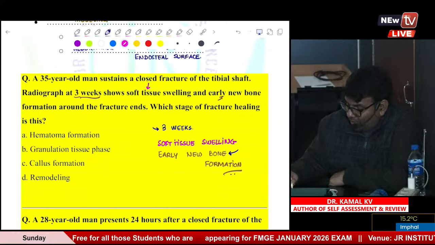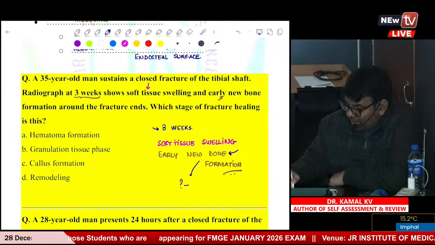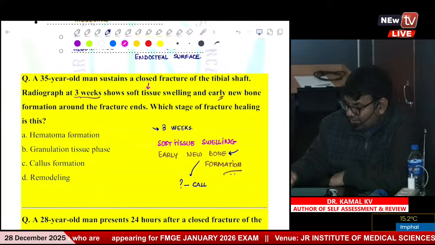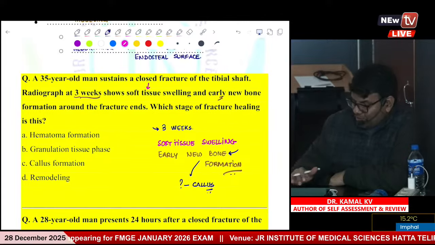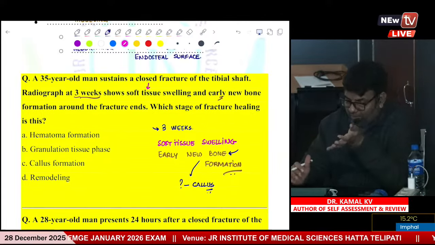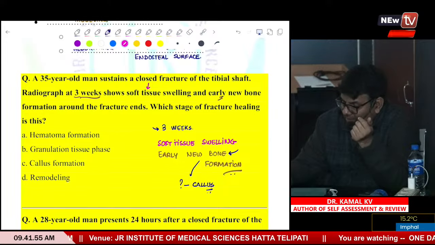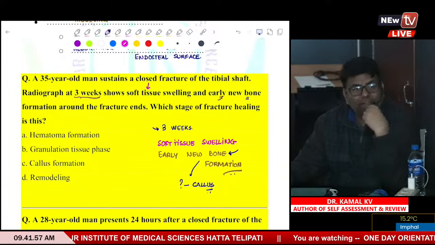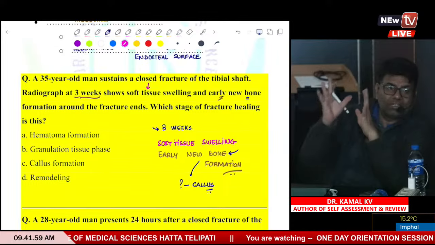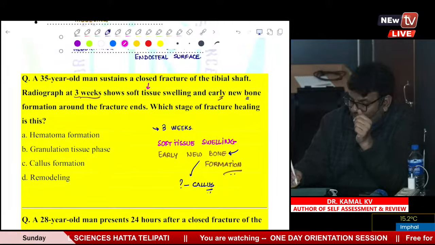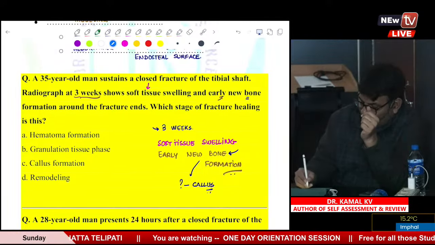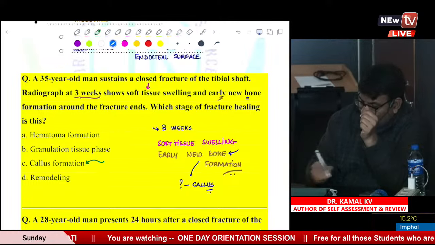And this new bone formation is actually what? It is callus. Clear? So yes, I do agree that time period is overlapping, but once there is formation of bone, it indicates that now the fracture has entered into the phase of callus formation.